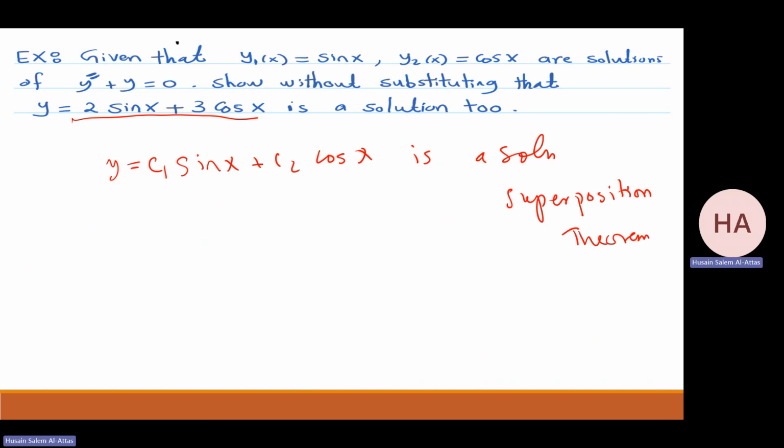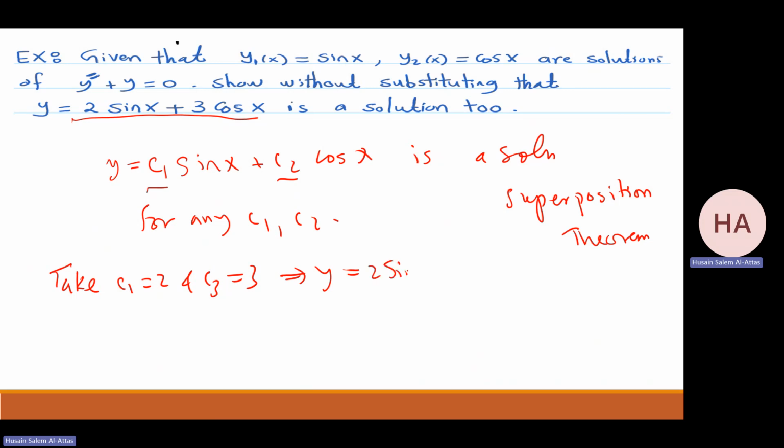Now, this is for any C1, any C2. That means what? Now I can take C1 to be 2 and C2 to be 3. That means y equals 2 sine x plus 3 cosine x is a solution.